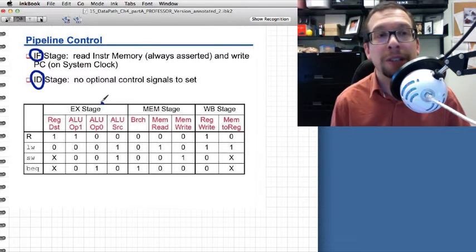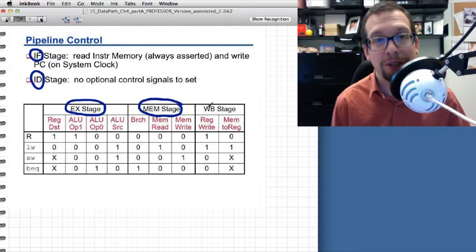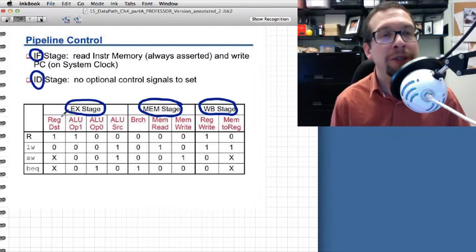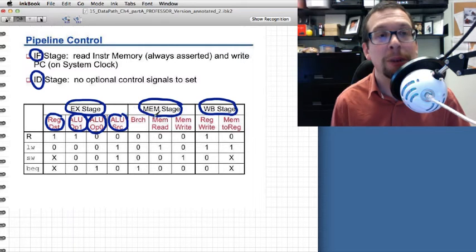Now, when you get to the execution stage, and then the memory stage, and then the write to the register file stage, then the different control signals, and you've seen these in the earlier talk, that are sent out of the control block engage, and they have different values for different instruction types. Okay?